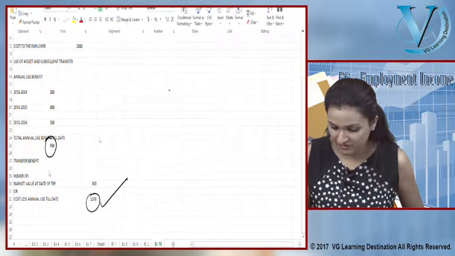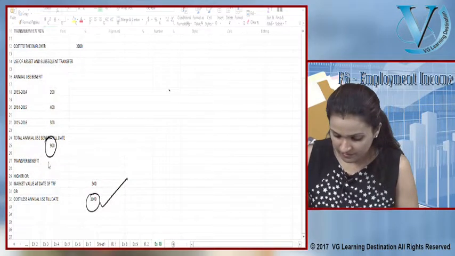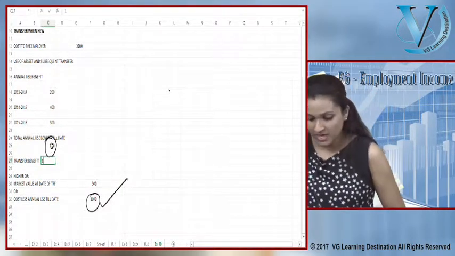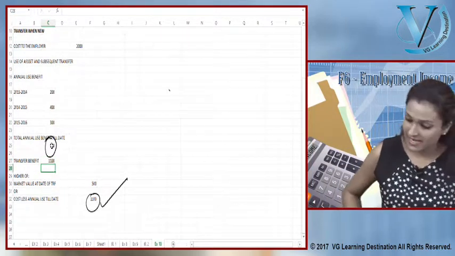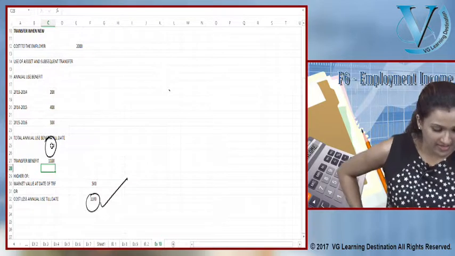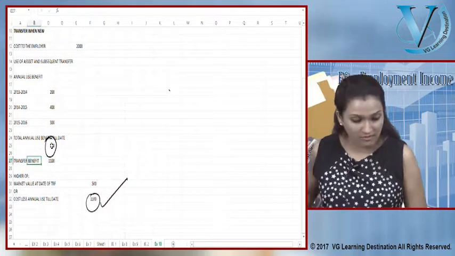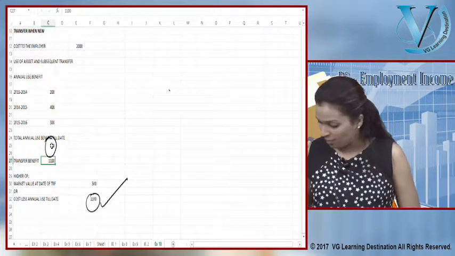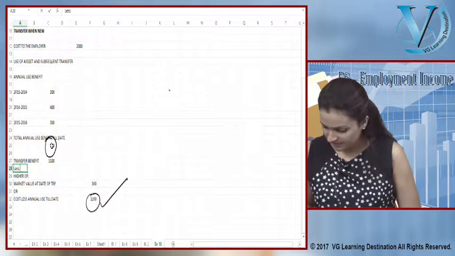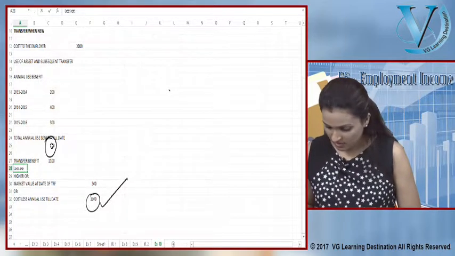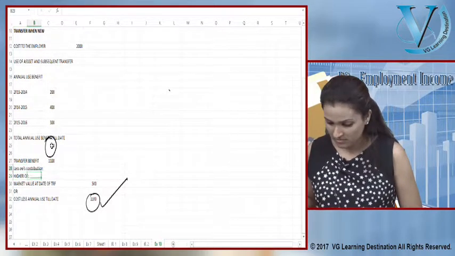Right, so transfer benefit is equal to how much? £1,100 here. So anything else? So total comes out to be how much? £900 annual use, £1,100 is the transfer benefit, out of which you need to reduce what? £100 has been contributed. So can you reduce the employee's contribution? Yes, you can reduce the employee's contribution, which is £100.